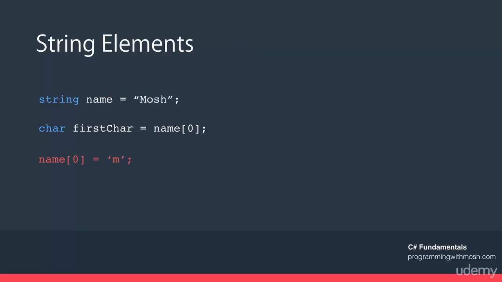So back to our example here, we can certainly read the value of the first character in our string, but we cannot change it. So the third line here, which is indicated by red, is not going to be compiled. There are methods in the string class that allow us to manipulate strings and modify their values. But all these methods return a new string, so the original string is not changed. And that's what I mean by immutable.